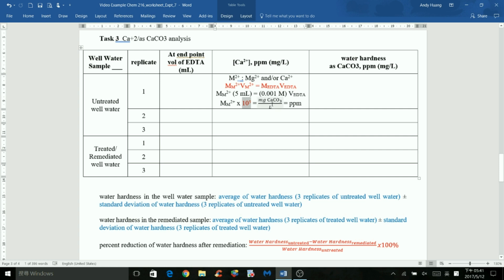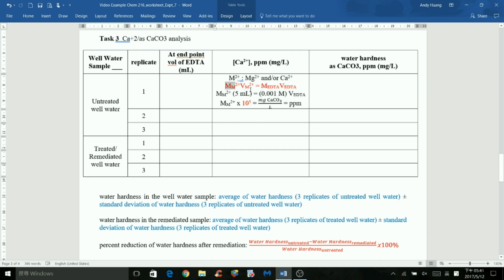They're the same units. So water hardness is usually expressed as calcium carbonate in ppm or milligrams per liter. So whatever value you get here, simply copy that value and record it here. There should be the same value. And do the same calculation for each trial here using this approach.